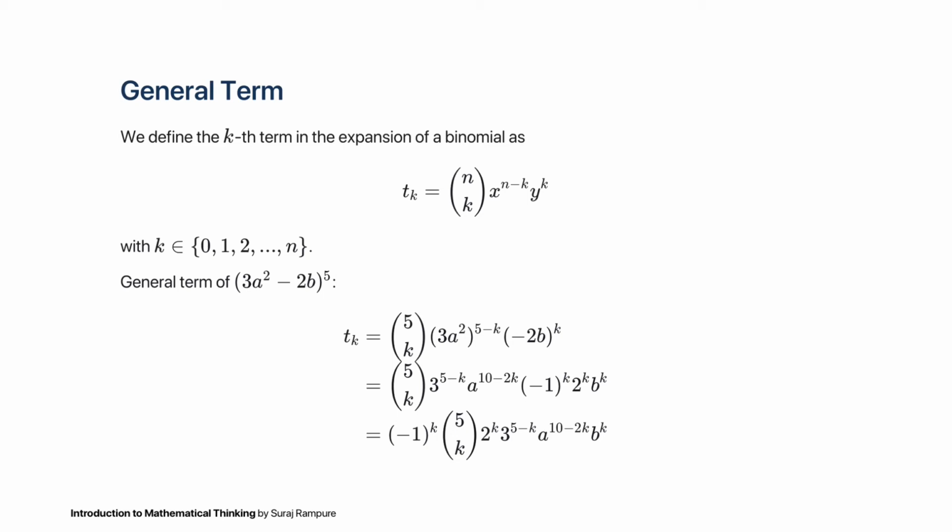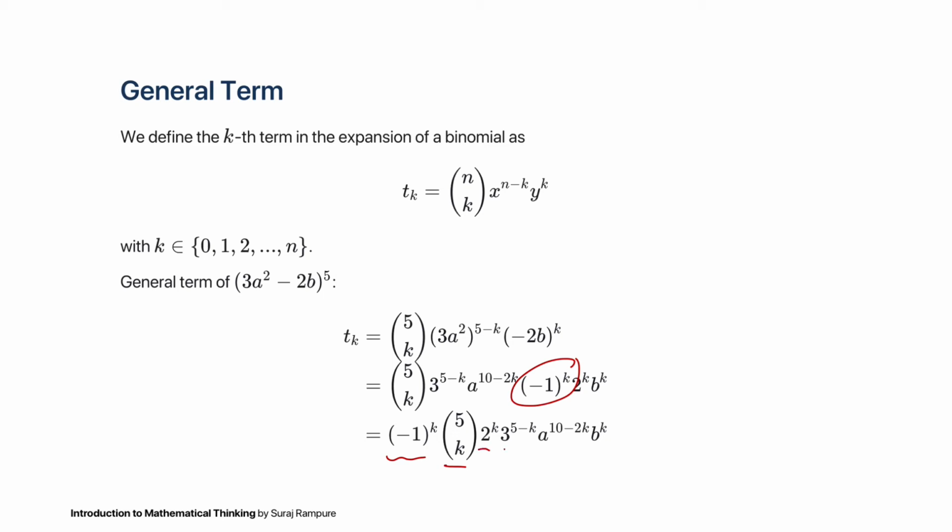So one of the things we always do in the general term is isolate that power of negative 1 if it exists, and put that to the front, because it makes it immediately evident whether or not that term is positive or negative, depending on the value of k, right? Then we have 5 choose k, and what I like to do is separate the exponential bases, right?